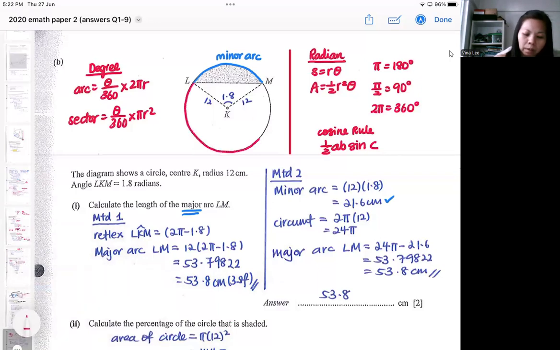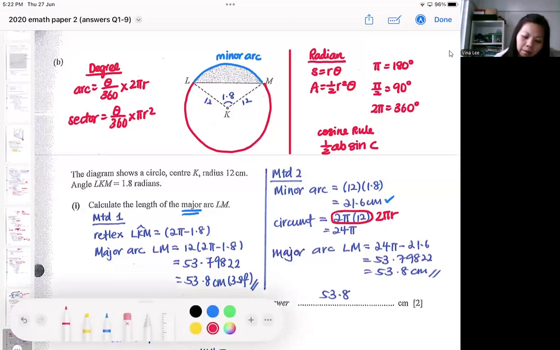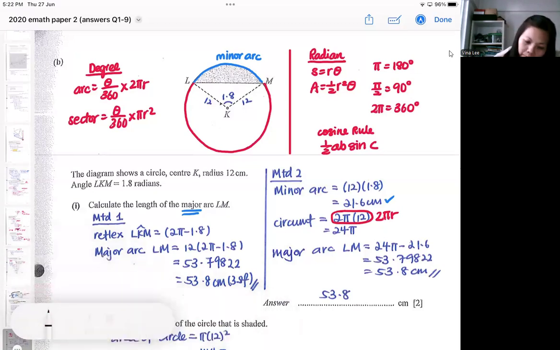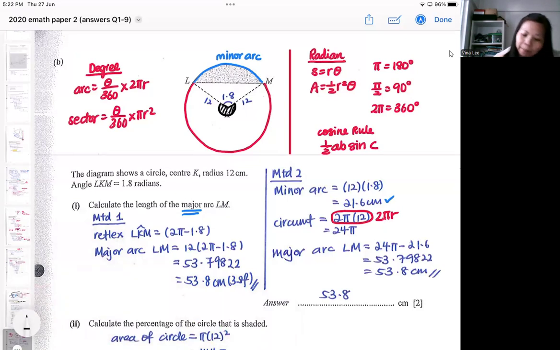So what you can do is use the full circumference. The full circumference is 2 pi r. That means I get the full circle perimeter, then I subtract away the minor arc. So you can do it that way. Or else you can get the reflex angle. Usually in order to do the reflex, you will use 360, but the equivalent of 360 is 2 pi.